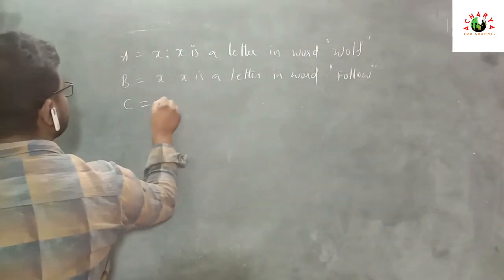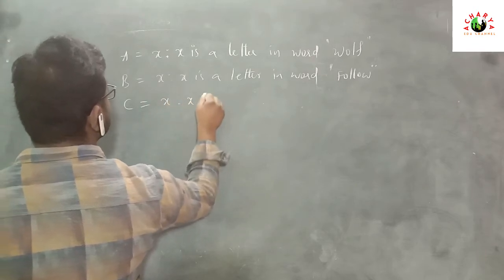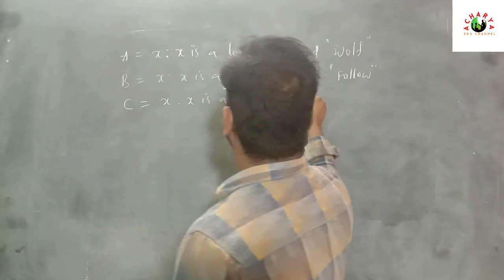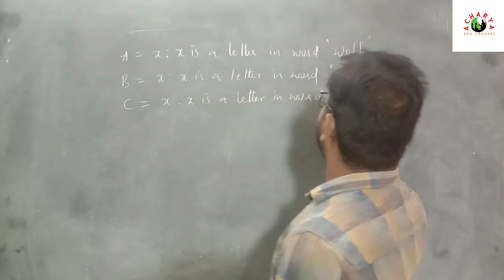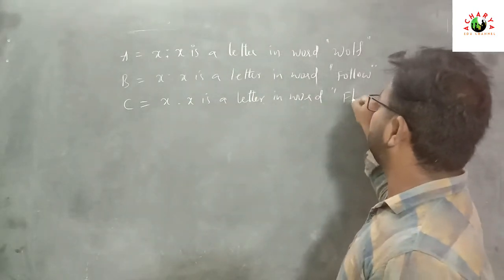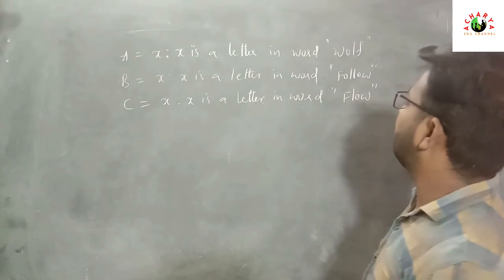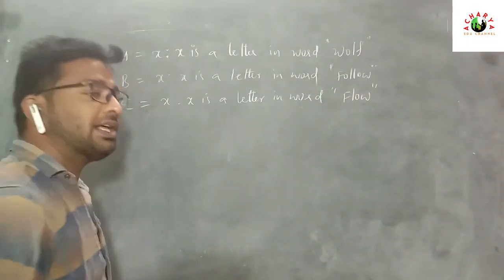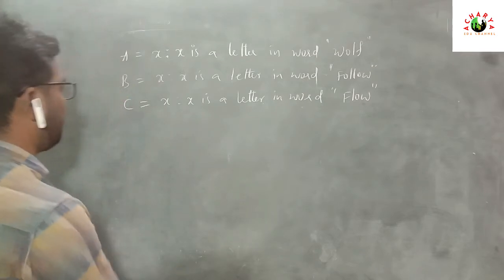Next, C is equal to {x such that x is a letter in the word flow}. Wolf, follow, flow. Now, according to the set builder forms, we have to write the roster form.